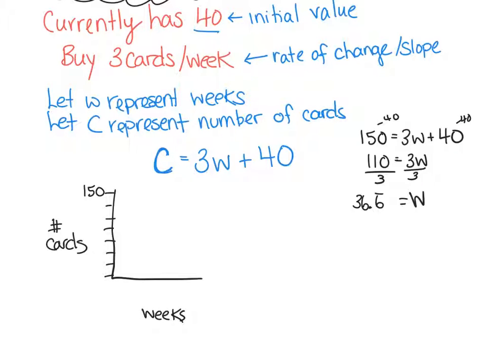So if your graph went like this, you wouldn't want to put that arrow on and make it go forever. You might want to stop it at 150 because that's the max cards he's going to collect.